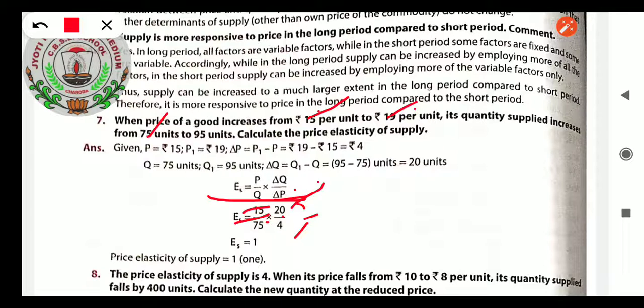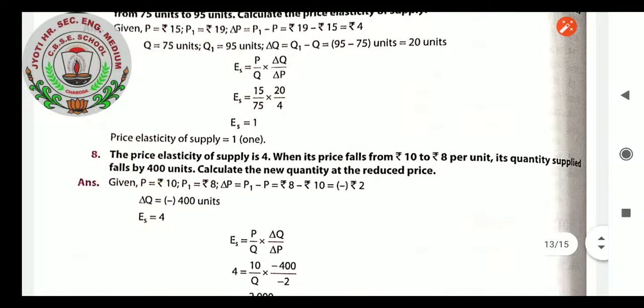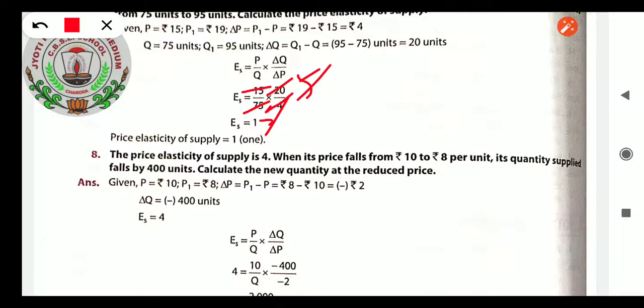Price elasticity of supply, how much are we getting? It equals 1. If you are not getting why the answer came, 15 fives are 75, and 75 cancels. Nothing more needs to be solved on the blackboard.